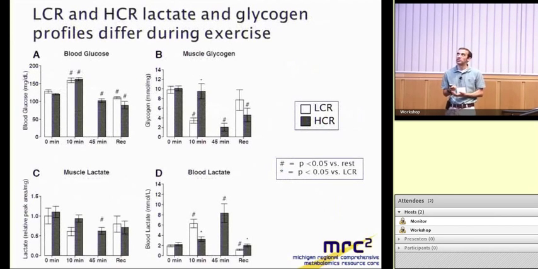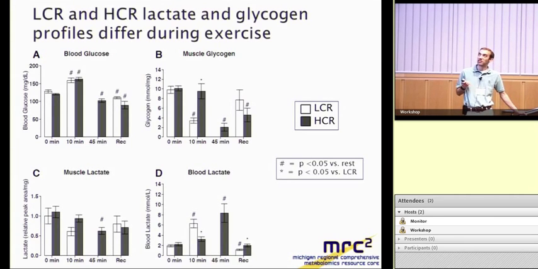So first, let's look at some parameters that could be measured using any method, whether metabolomics or not. In fact, glycogen is something that by LC-MS metabolomics is difficult to measure. So this was done by a standard sort of assay approach. So we have our low capacity and high capacity running rats at 0 minutes, 10 minutes of exercise. After 45 minutes of exercise, there's no LCR bar here because the LCRs can't run that far.